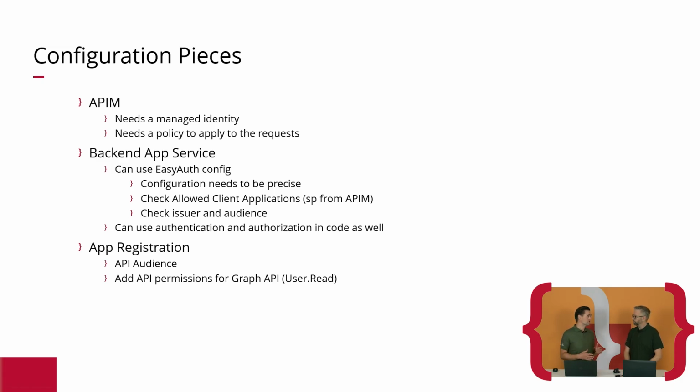For the backend app service, you also need to configure that. And you can do that in multiple ways, of course. You can do it using EasyAuth. That's when you configure it in the portal, you switch on authentication, you choose the identity provider, you configure some values. You can do that using Bicep as well.